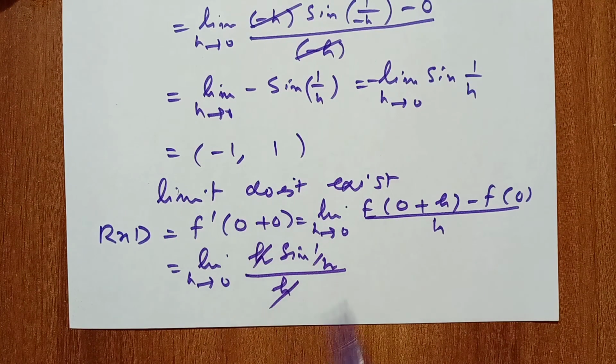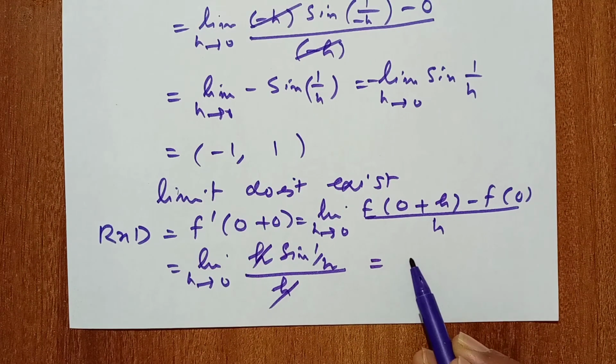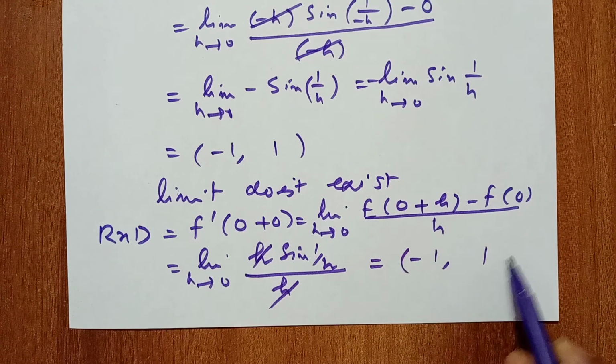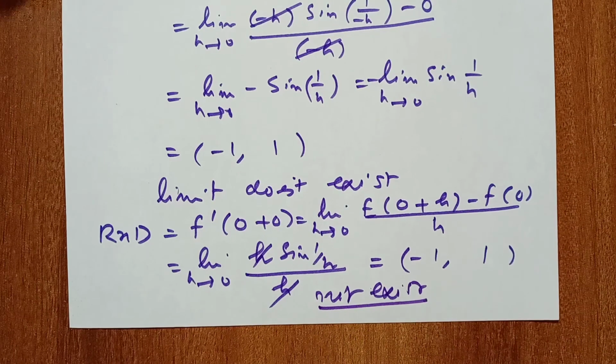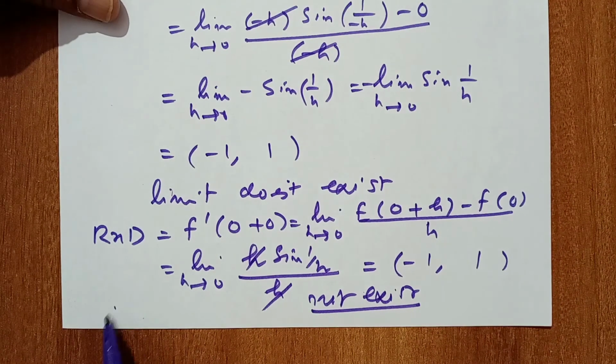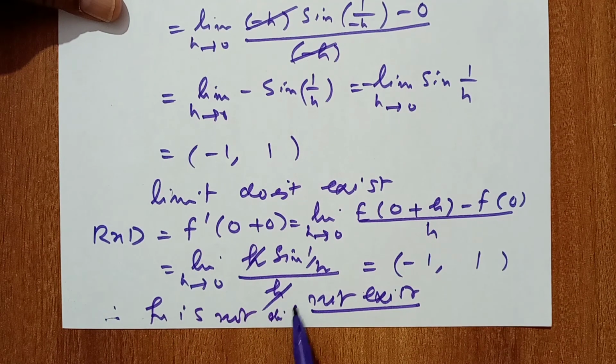So on taking the limit, again this is the same condition, the limit lies between −1 and +1, so this does not exist. It means neither the left hand derivative nor the right hand derivative exists. Therefore the function is not differentiable.